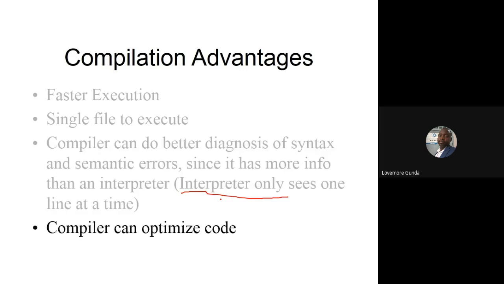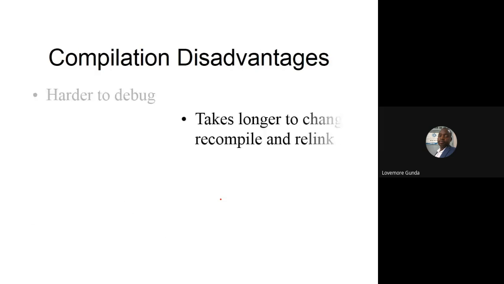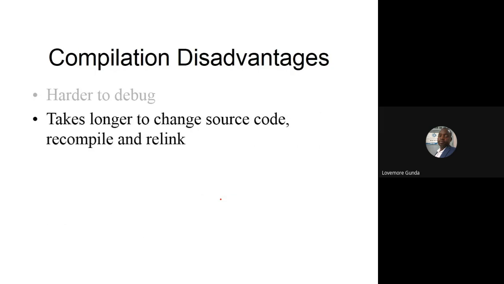Then the compiler can also optimize code. Disadvantages: it's harder to debug because it's one big package that you're dealing with. It takes longer to change source code, recompile, and relink because of the need for the linkages and compilation, right?